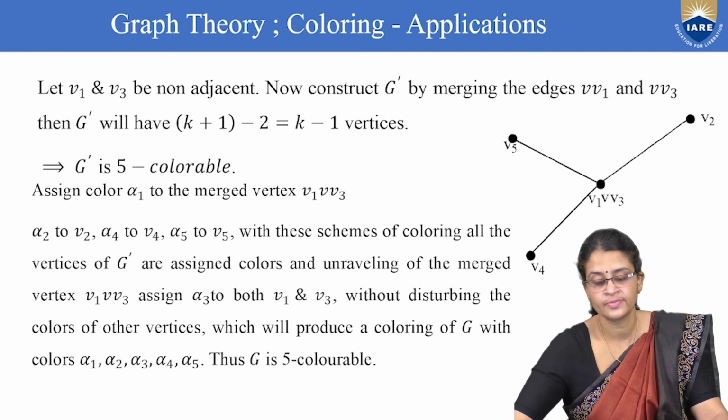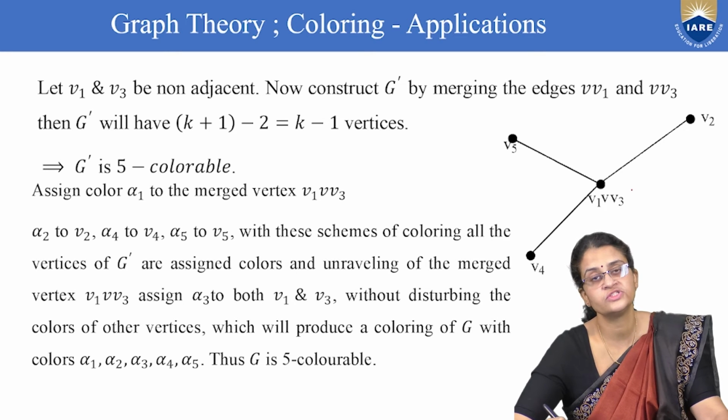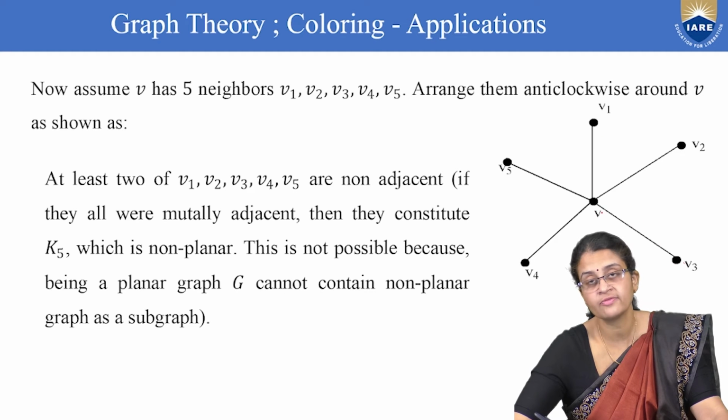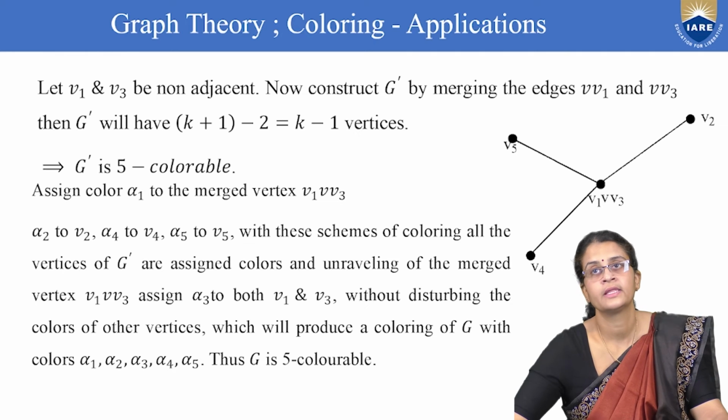Let's take V1 and V3 to be non-adjacent vertices. Now we are going to construct a new graph G dash by merging the vertices. Here V1 is merged with V3, meaning the vertices come to a common point.